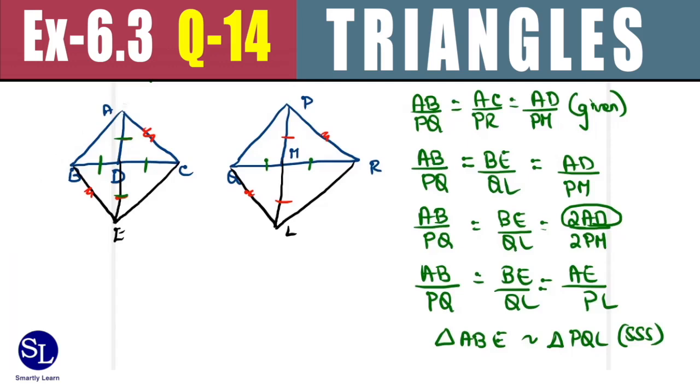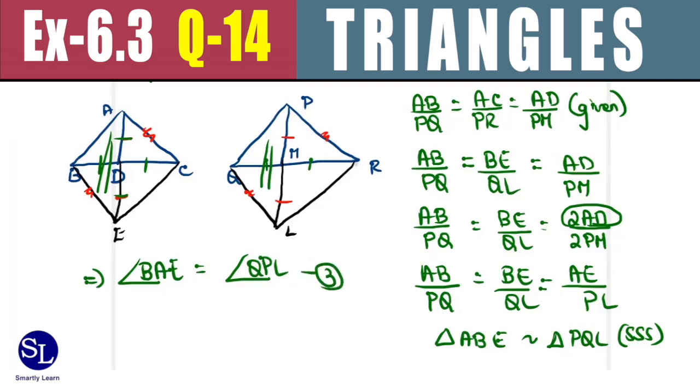We are talking about this left side, this whole triangle being similar to this left triangle PQL. This similarity gives us an important takeaway: angle BAE will be equal to angle QPL. We will mark this as 3 for future reference.